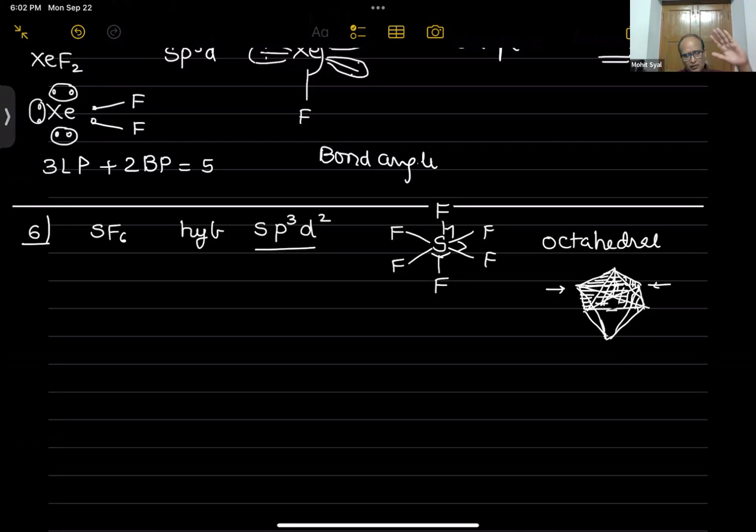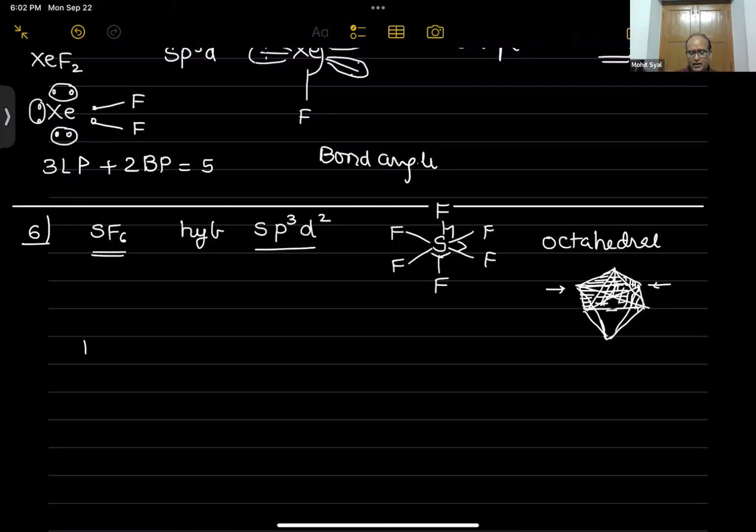Because if you enclose that structure by connecting the corners, you will have a body with eight faces. That's why the name octahedral is given. Is it clear or not? So, octahedral SF6.